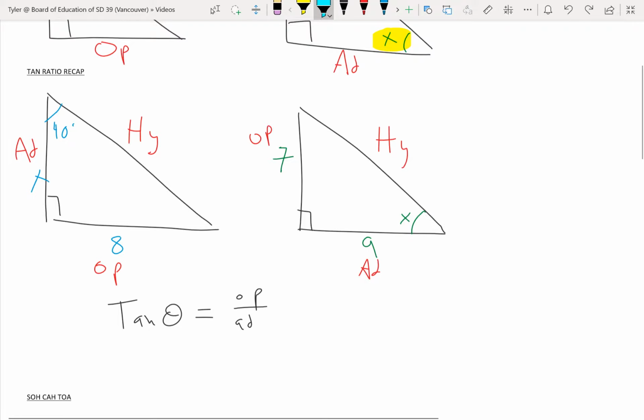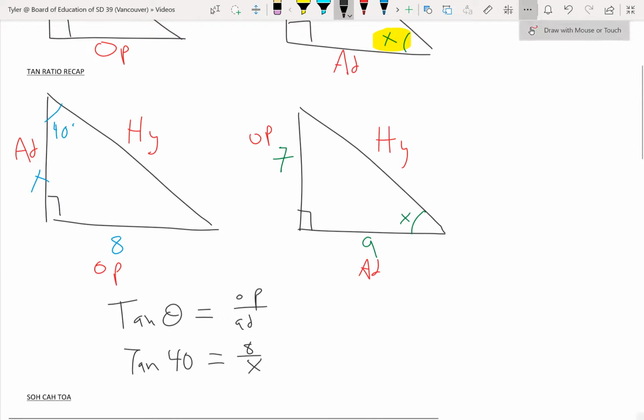The opposite is right here, so I sub in 8. The adjacent in my equation is x, so I'm just going to label that x. The last thing, theta, is the angle we're working with. In this question, it was 40, so I am going to write 40.